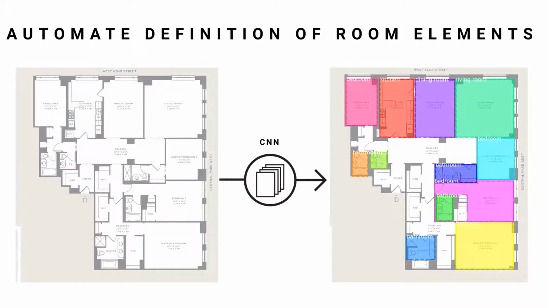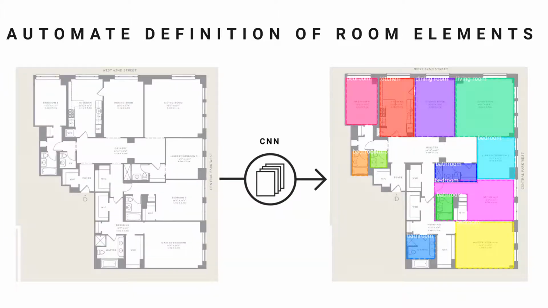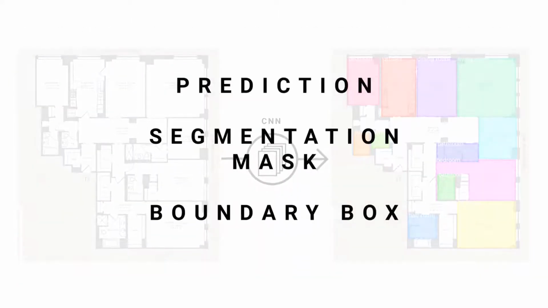And so the end product of this research will be a convolutional neural network that automatically defines and labels room elements through a method known as instance segmentation, producing a prediction, which is a classification of a room, e.g. bedroom, bathroom, kitchen, a segmentation mask, which is a definition of the room's area, and a bounding box, which lists the coordinates of the room.